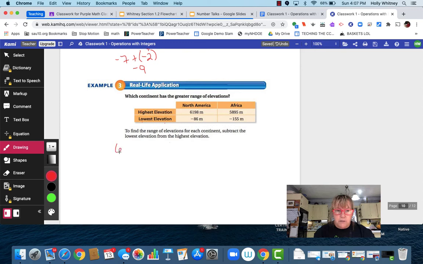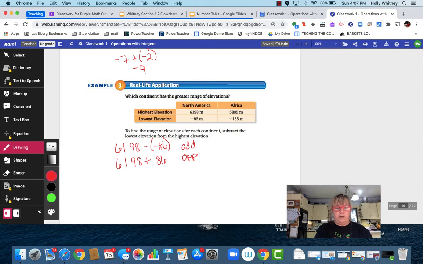So if we have 6,198 and we subtract -86, again I'm going to add the opposite. I'm going to change this to addition and flip the sign, or add the opposite. So I end up with an addition problem here.